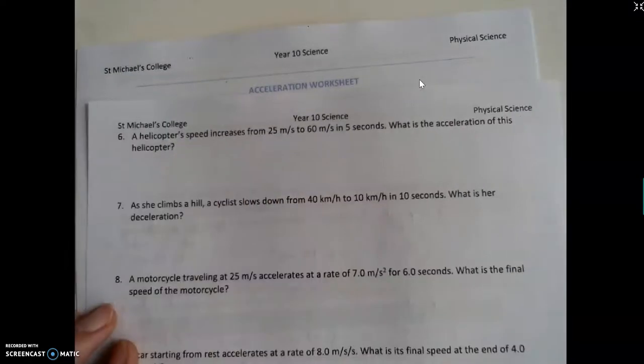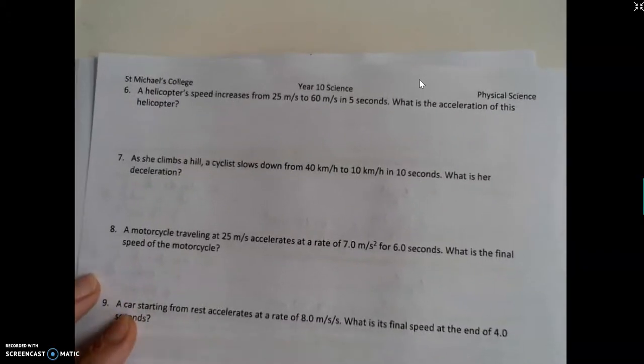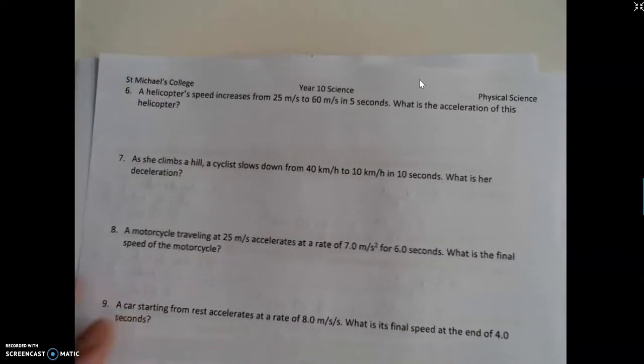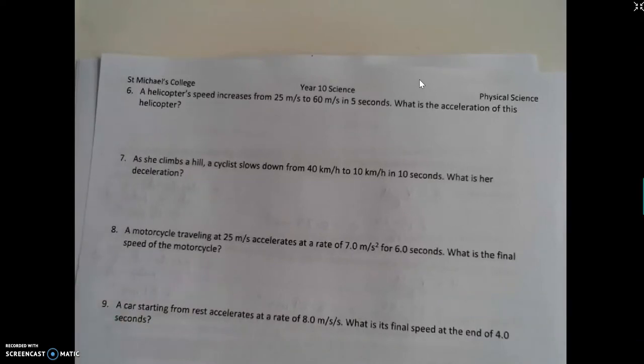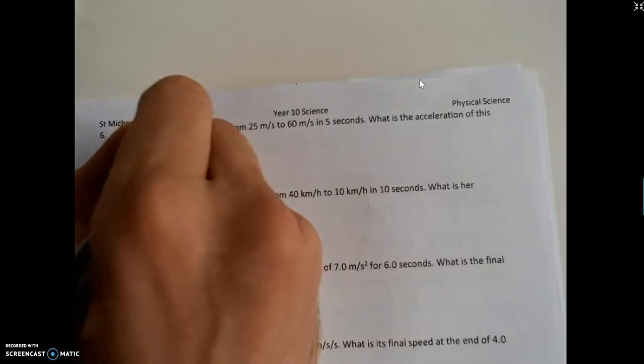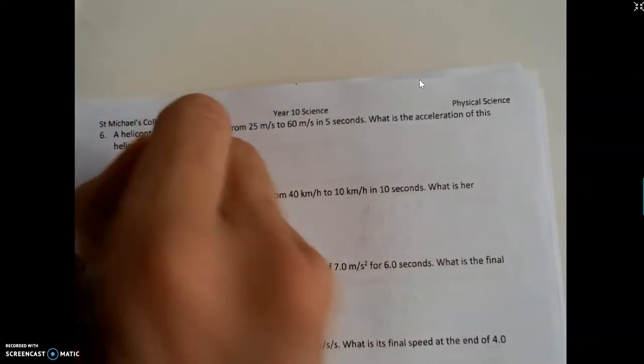So a helicopter's speed increases from 25 meters per second to 60 meters per second in 5 seconds. What is the acceleration of this helicopter? Again, same type of thing. Acceleration equals v minus u over t.